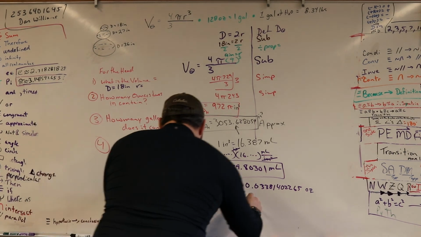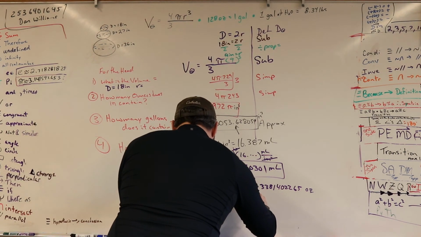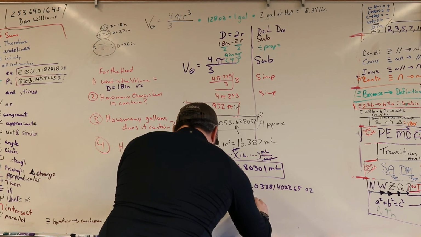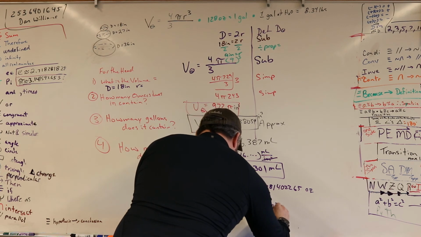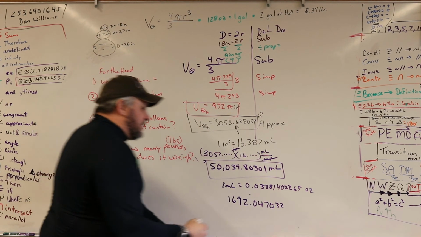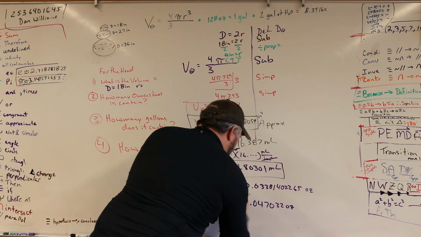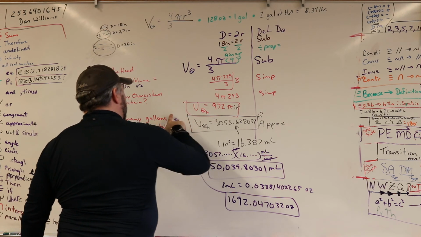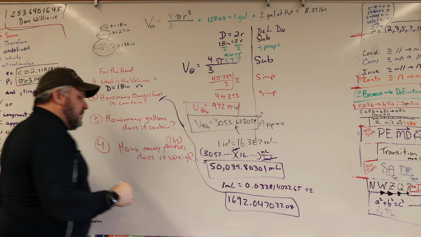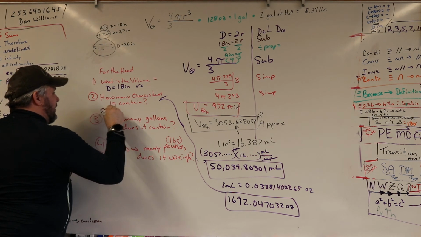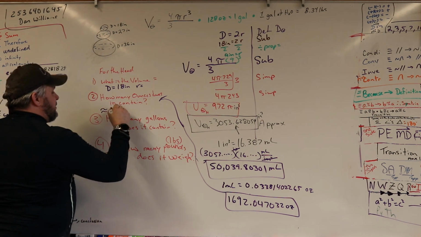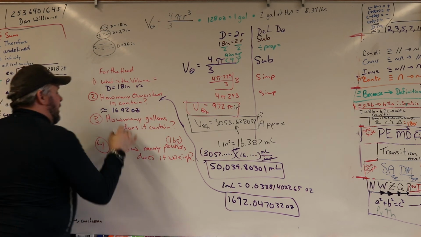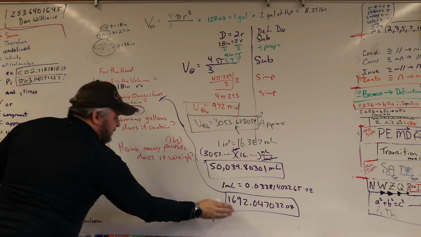All right, we have 1692.047032 ounces. Okay? So that's how many ounces are in there. So approximately 1692 ounces. Okay? Now we're not going to use this number to calculate, we'll use this one.